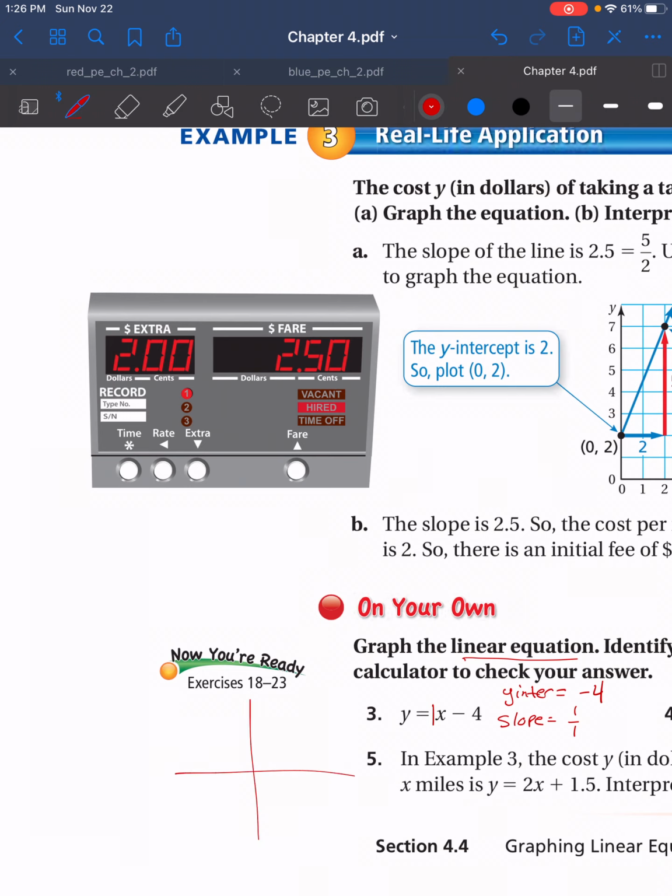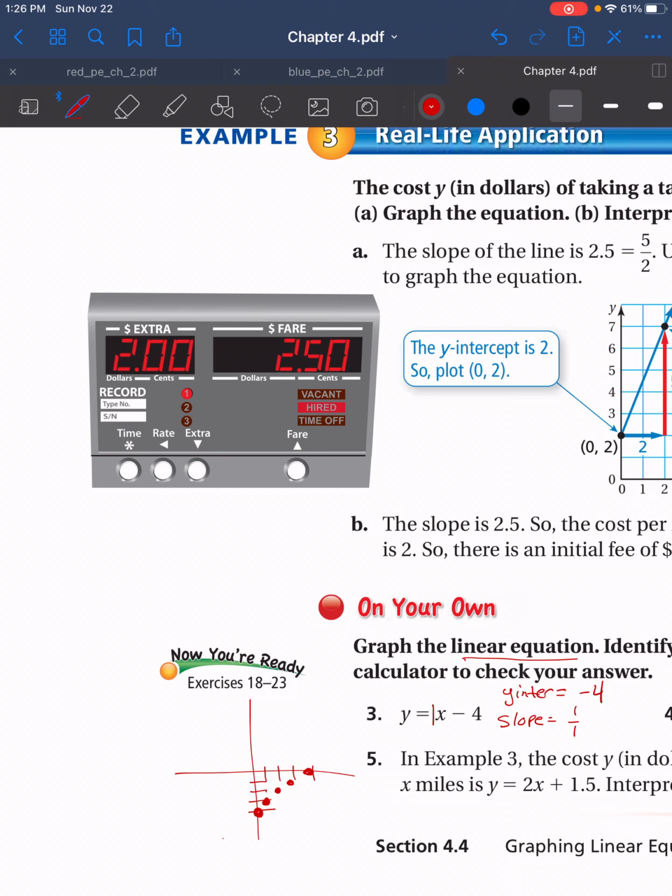So if I start at my y-intercept, I go down 4. And I said my slope is up 1 over 1, so I'm going to go up 1 over 1, up 1 over 1, up 1 over 1, up 1 over 1.